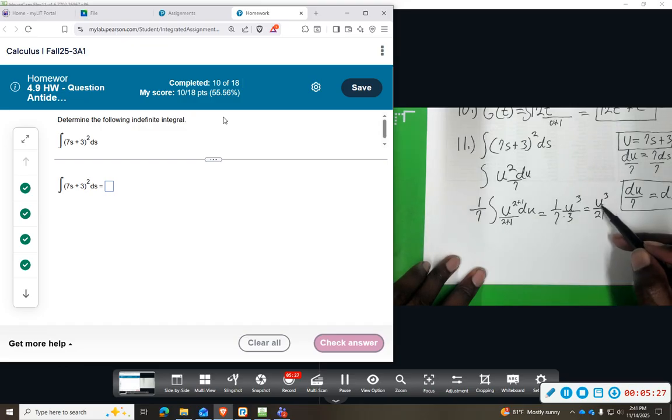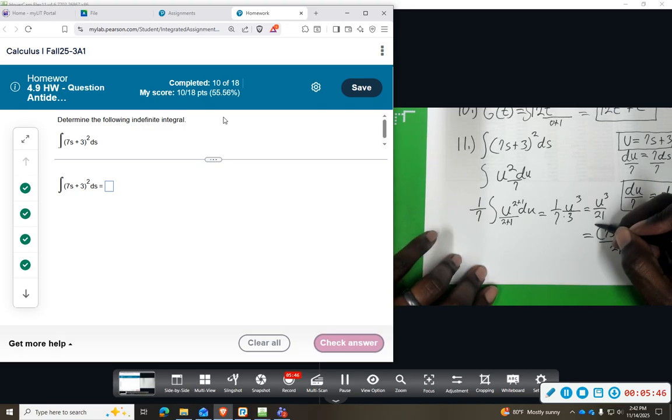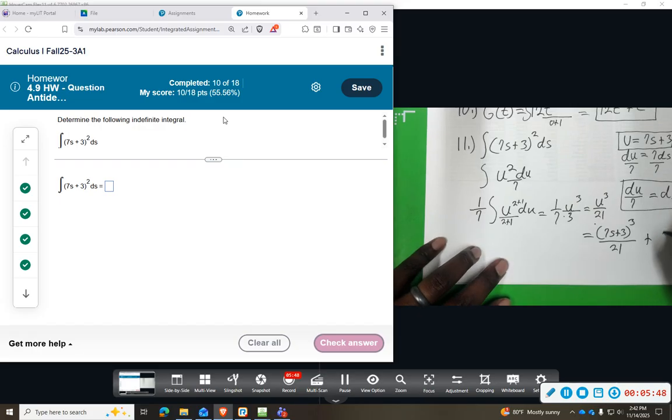And then we started out with an s, so now we go back and plug in what u was equal to. u was 7s plus 3. So my final answer will be 7s plus 3 to the third over 21. And then we have to remember our plus c. Can't forget that plus c. So this will be our antiderivative.